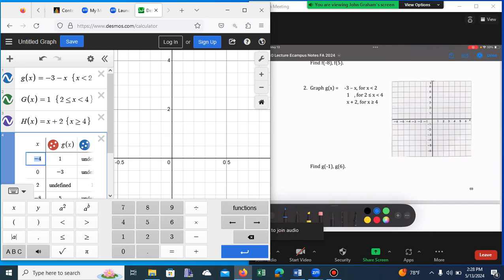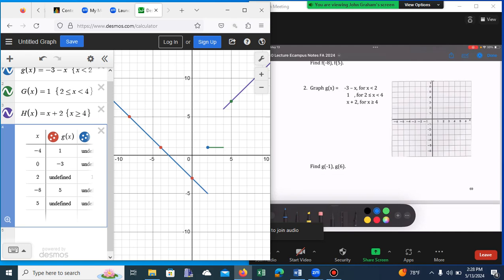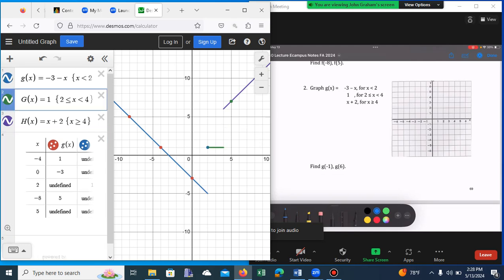That's what this graph looks like. So we see -3 minus x is a downwards, decreasing graph. 1 is constant, and then x plus 2 is increasing. At 4, you see that that's where it stops. So at 4 you'll get 6.